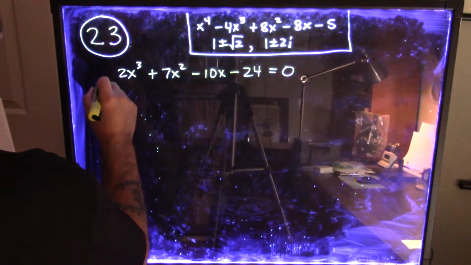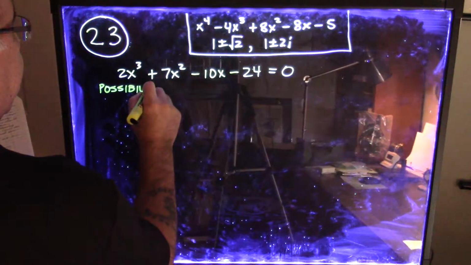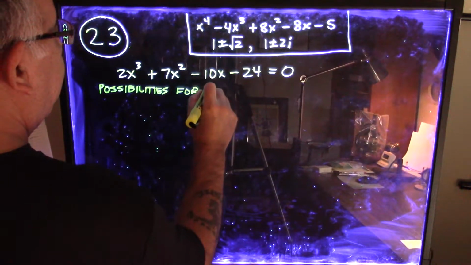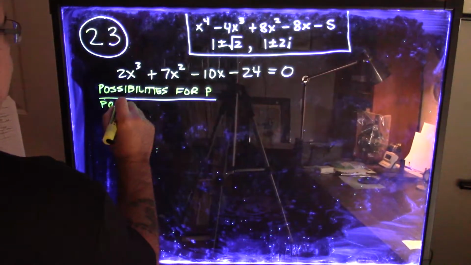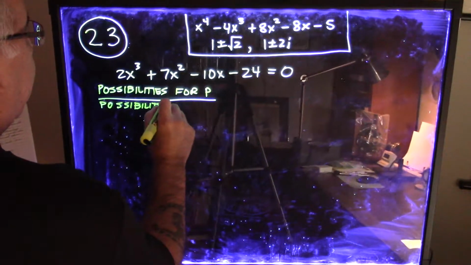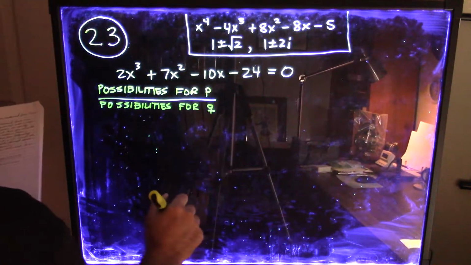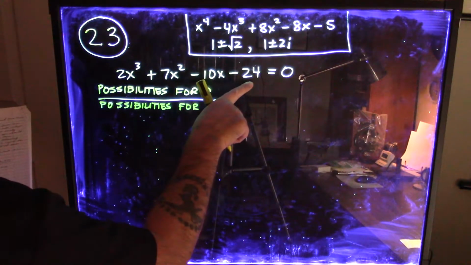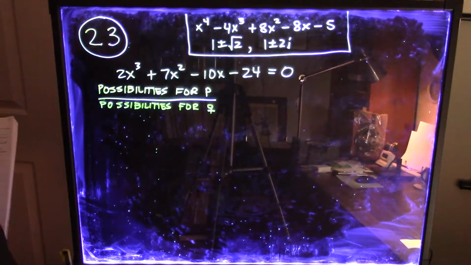So I'm going to write the possibilities for P over the possibilities for Q. In other words, P represents all the factors of the constant term, and Q represents all the factors of the leading coefficient.